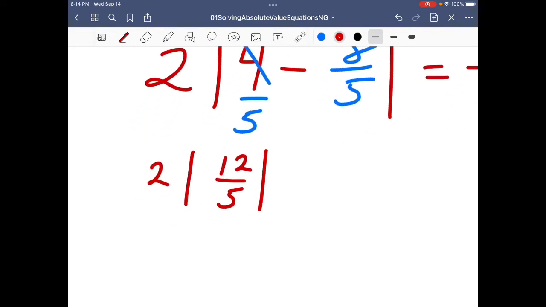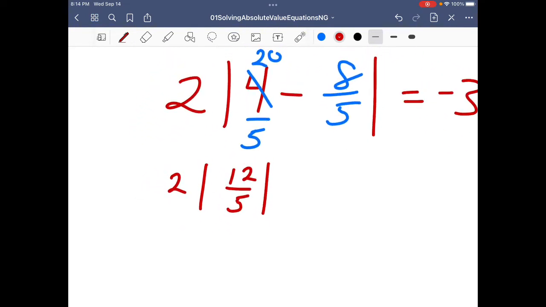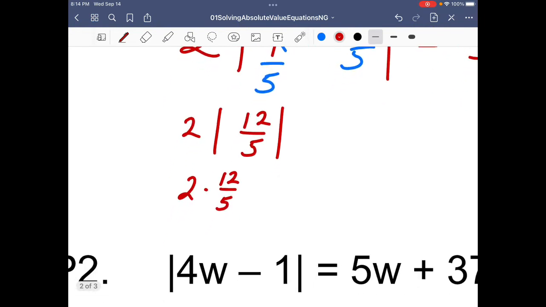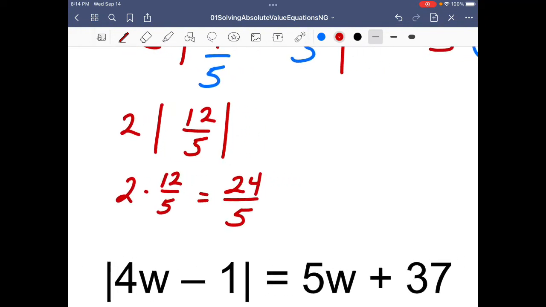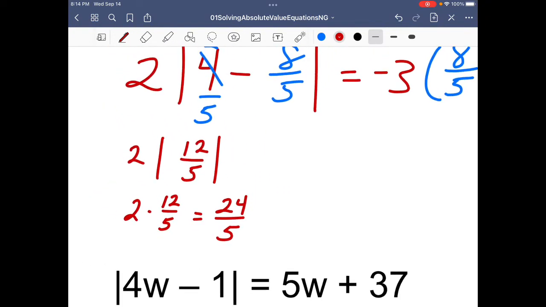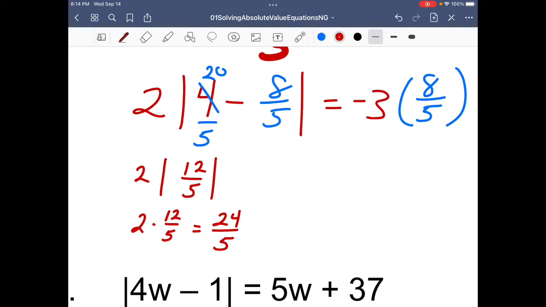But it's the absolute value of 12/5, which remains as 12/5, which is going to come out to be 24/5. Now you could also turn that into a decimal. Off the top of my head, that's 4 point something. But the point is that we get 24/5.